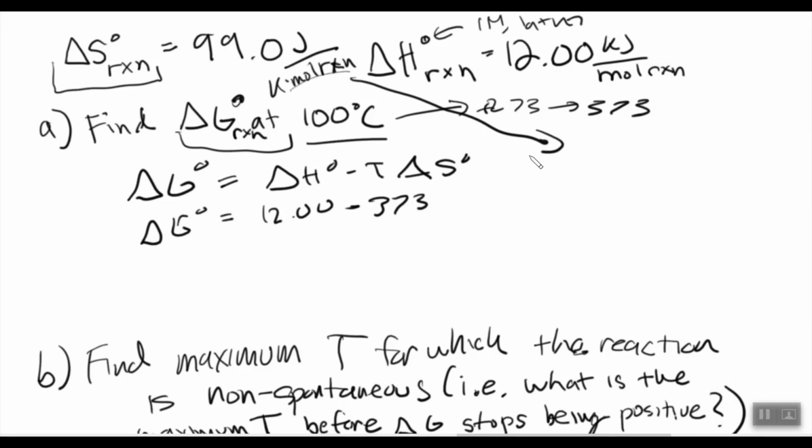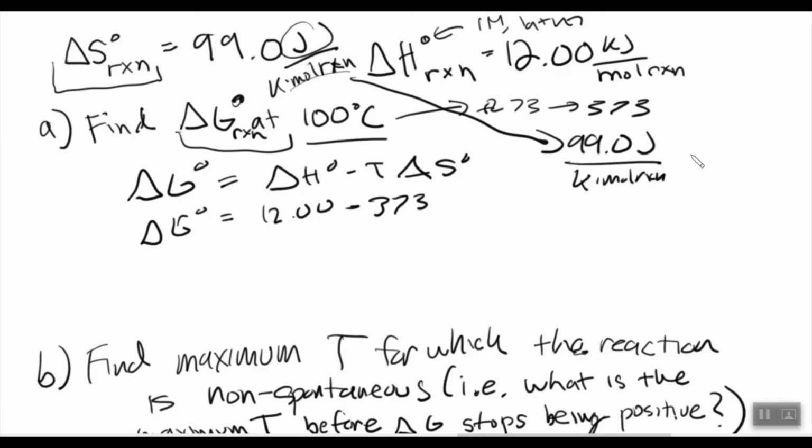We have to convert this into scientific notation because we have to convert this to kilojoules to match the units. So these are all in joules. This is in joules actually, and we want it in kilojoules. So 99.0 joules per K times mole of reaction.